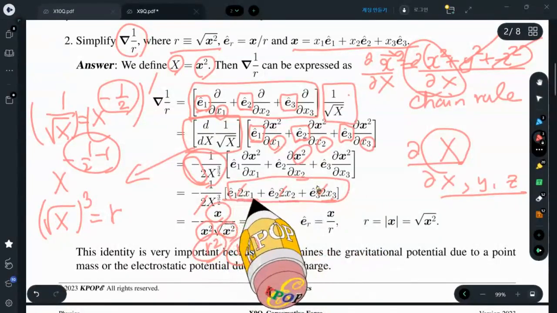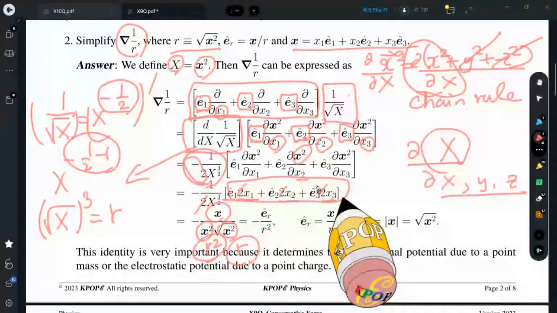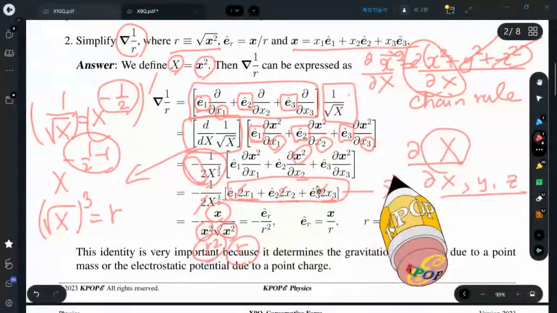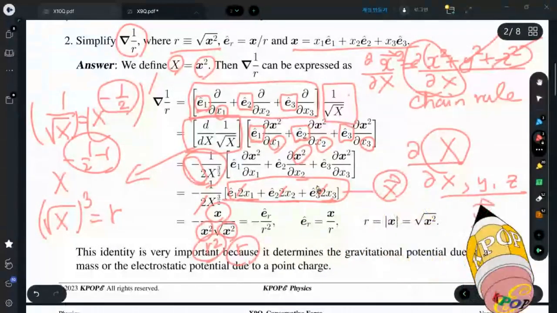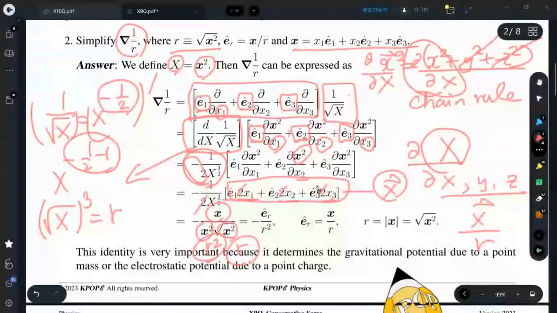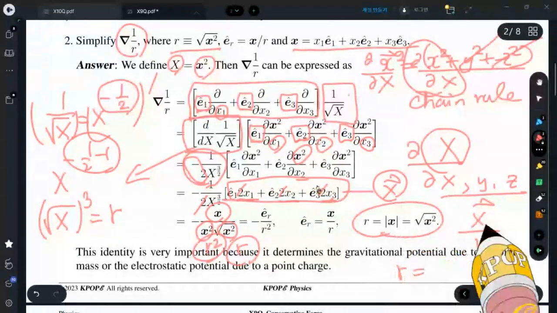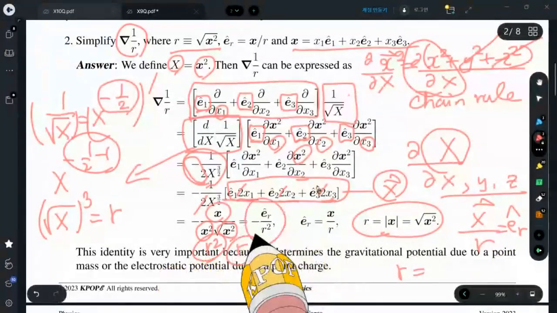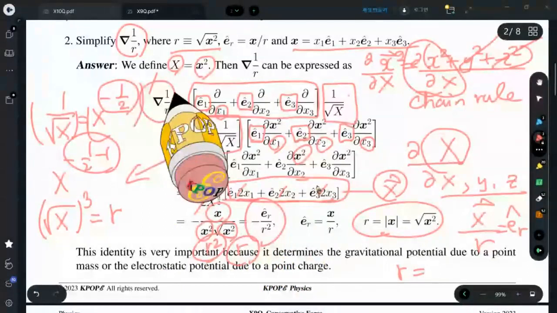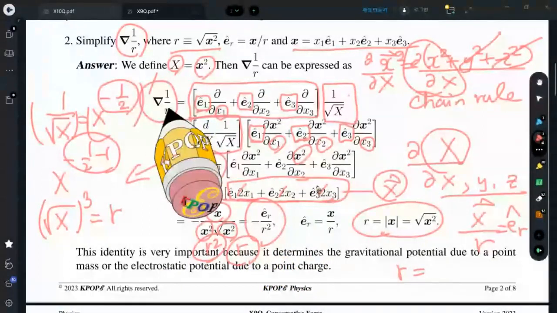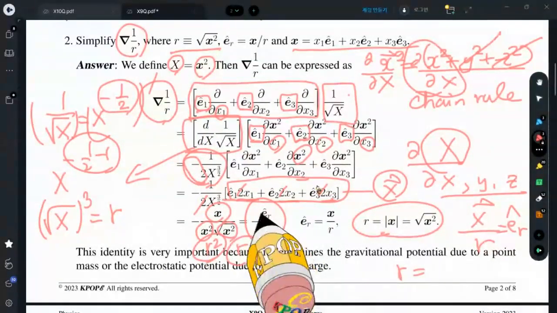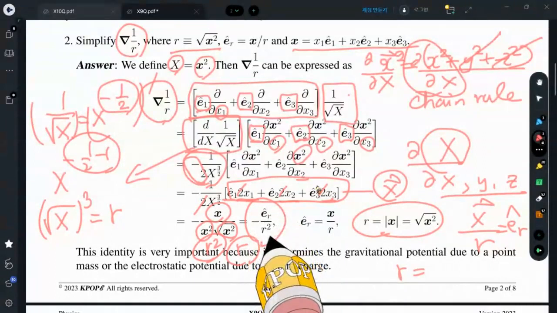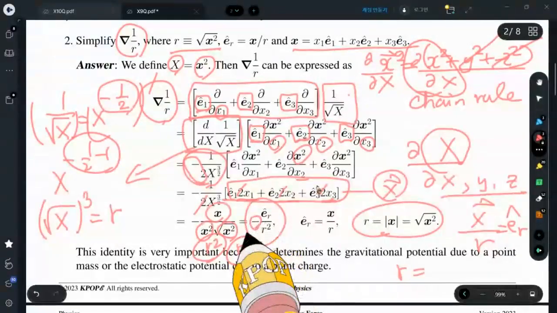This is e1 x1, e2 x2, e3 x3. That is nothing but the x vector. The x vector divided by r, and r is the magnitude of x. Therefore, this is a unit radial vector. As a result, our gradient of 1 over distance from the origin is the unit radial vector divided by r squared, and we have a negative sign on it.